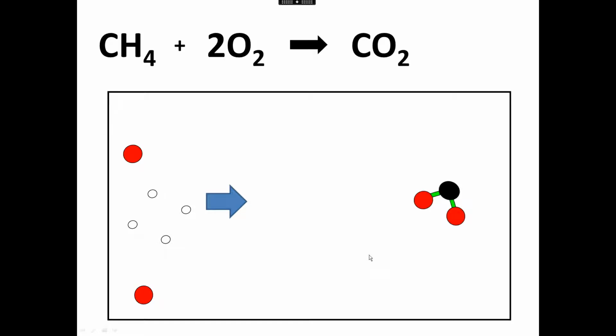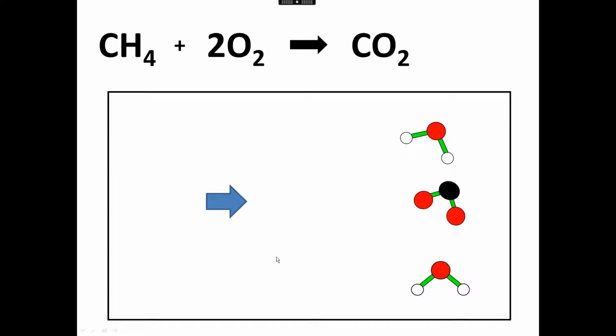What's left? Hydrogen and oxygen. Remember, the hydrogen came from the methane originally. But then we see oxygen and hydrogens joining together to make water. And then there's enough atoms for another oxygen to join with the rest of the hydrogens to make another water molecule.